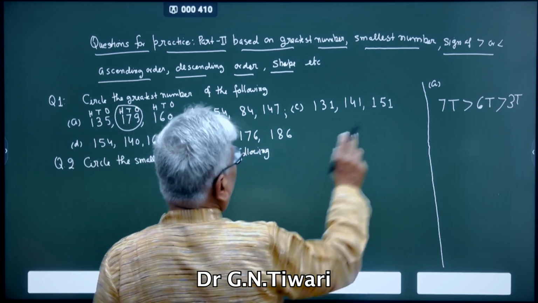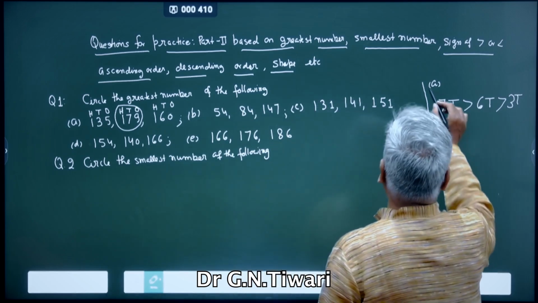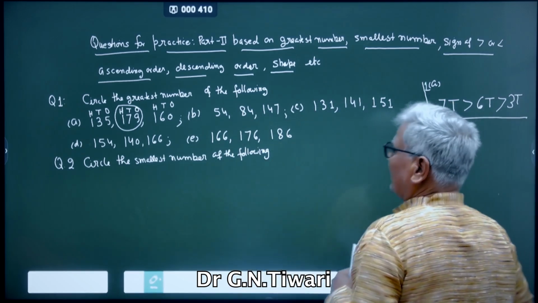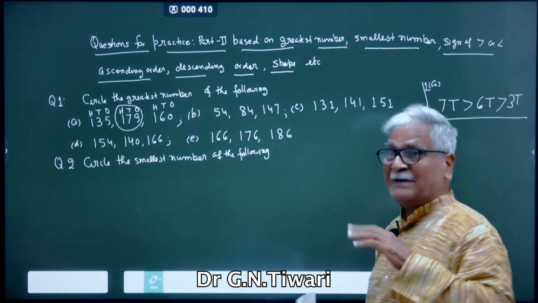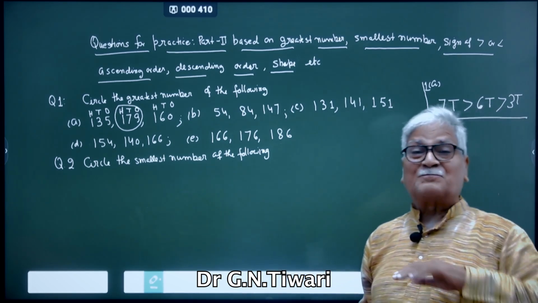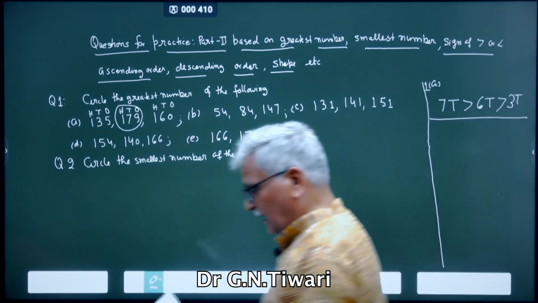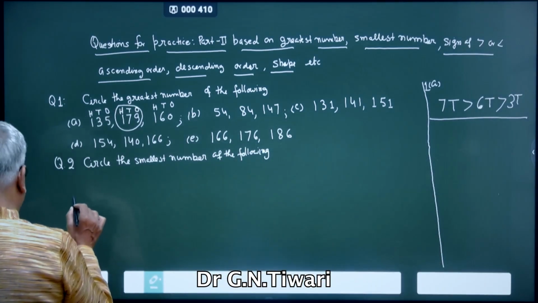Once you are doing the homework, you always mark it as question 1A, so the examiner can be happy to see how the greatest number is circled. Now, A.